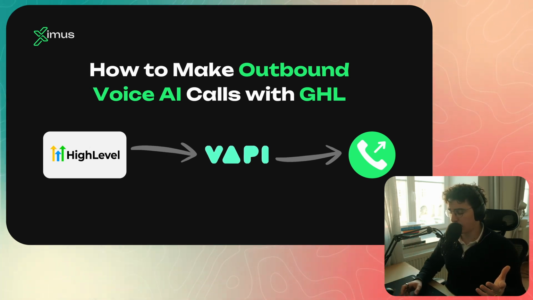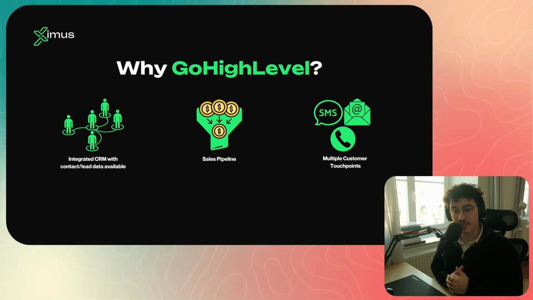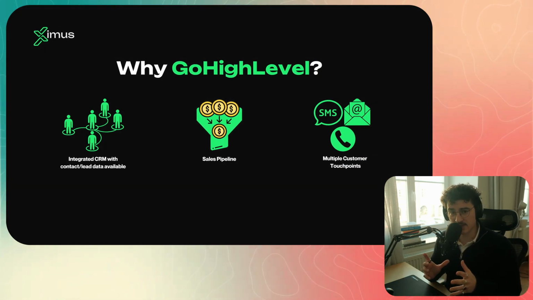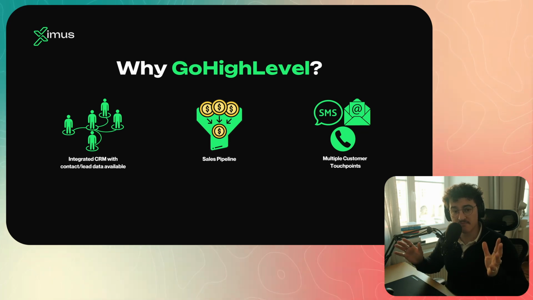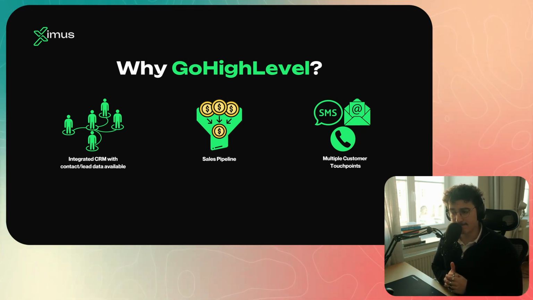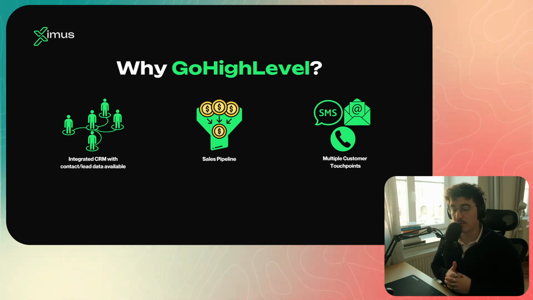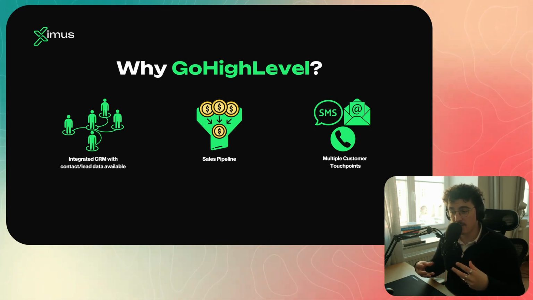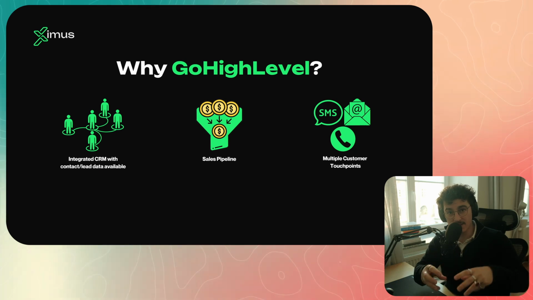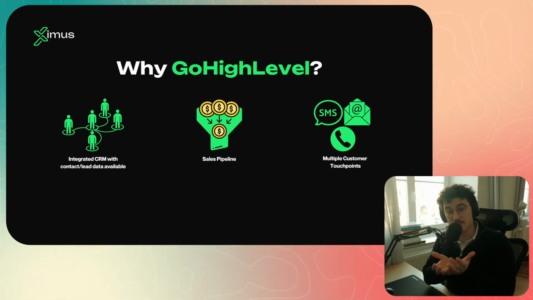And now, why would we use GHL? Well, GHL is very, very versatile. It's way more than just funnels and automations. Most importantly, it's a CRM. And obviously, since we have the CRM, we have the contact and lead data, and that way we can personalize the call with the information we already have in the system itself.